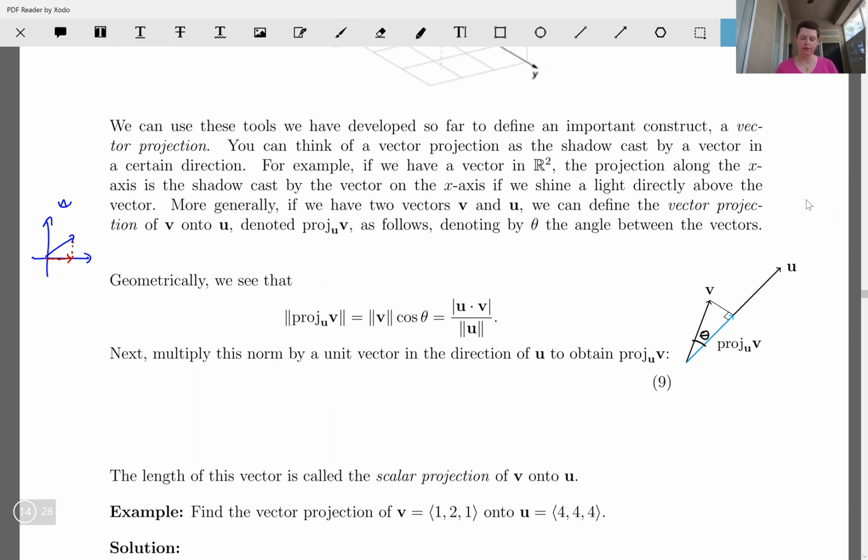So basically we take, what's a unit vector in the direction of u? Well, that's just u divided by its magnitude.